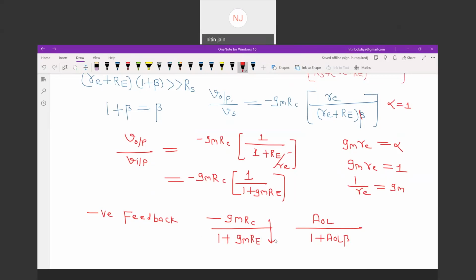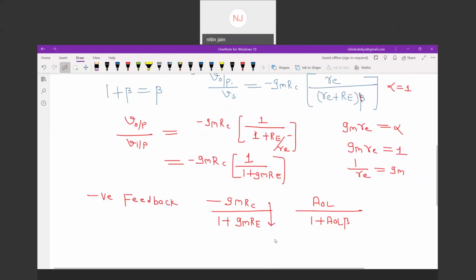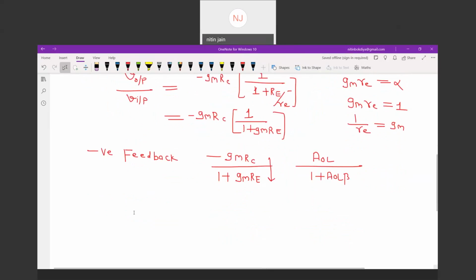Otherwise this amplifier is good from resistance purpose, है ना, input resistance is high so you can have less loading, है ना। High input resistance means what? Less loading, है ना, loading is less in this.